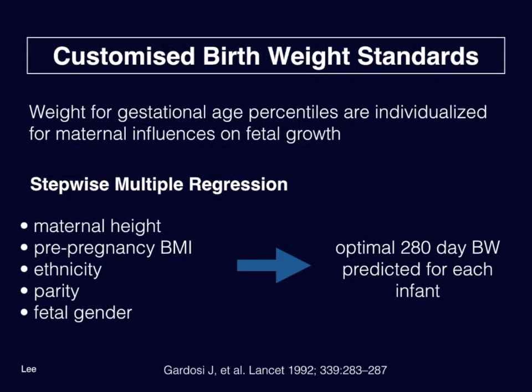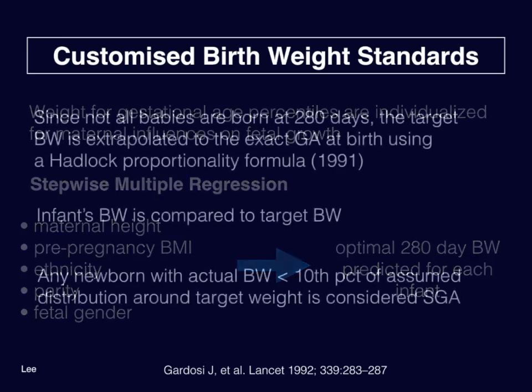Others have attempted to improve fetal growth assessment by customizing gestational age-specific percentiles based on assumptions about physiological influences on fetal growth. The diagnostic technique uses stepwise multiple regression to relate factors such as height, pre-pregnancy BMI, ethnicity, parity, and fetal gender to an optimal 280-day birth weight that is predicted for an individual infant given these characteristics.